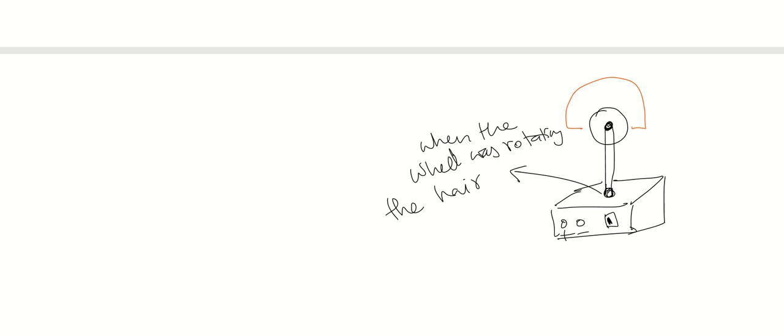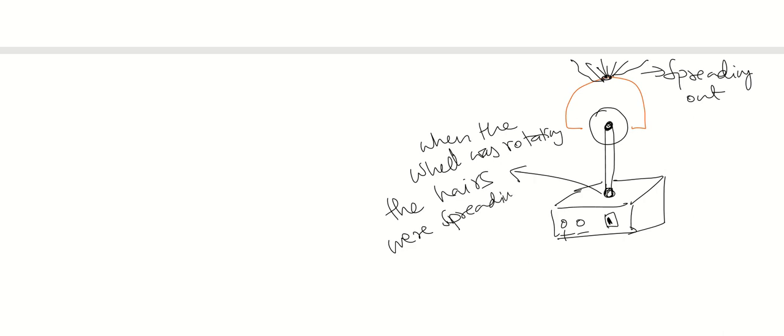the hairs, where were the hairs? If you recall, the hairs were here, but then they were all spreading up like this, right? They were spreading out. What did this show actually?